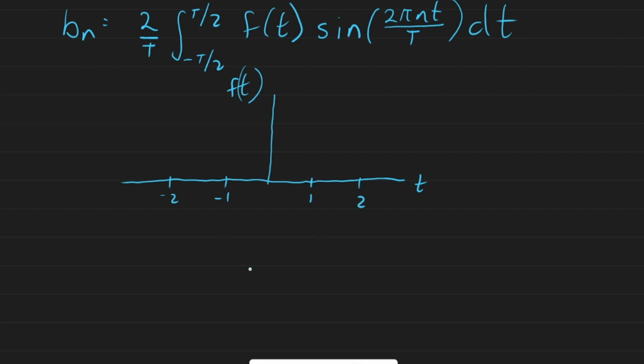So we can say maybe from minus 2 to minus 1, we have function value being 0, and then from minus 1 to 1 it takes on the value of 1, and then it drops back down to 0. So this is the periodic function, and this y value is 1.